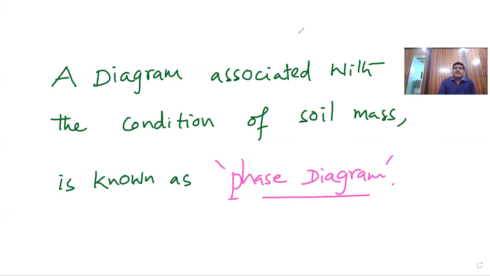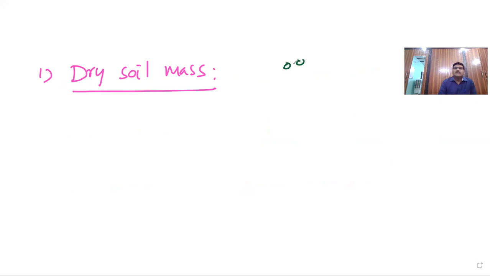Now, let us simply take up the first condition of the soil, dry soil mass. The phase diagram associated with the dry soil mass. Observe this. What does the dry soil mass consist of? All these are the particles, and these are particles. Clear?